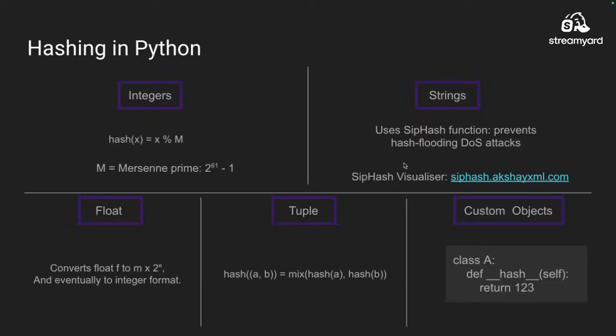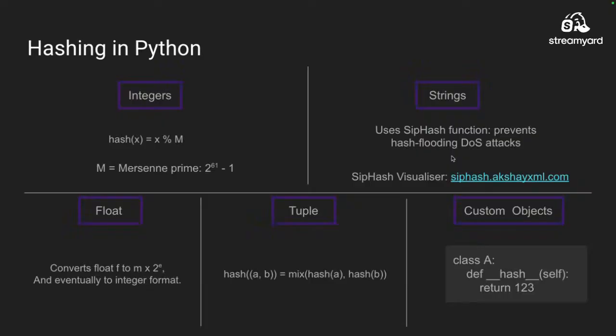For strings, it uses a somewhat complicated function called the SipHash function, which is basically a cryptographic hash function similar to SHA or MD5. This is to prevent an attack called a hash flooding denial of service attack. An attacker can generate multiple strings which map to the same index.